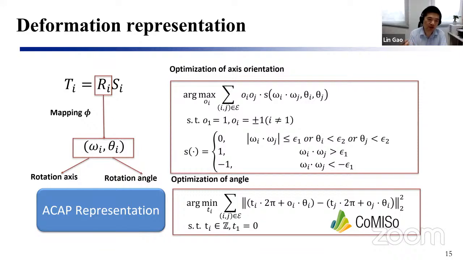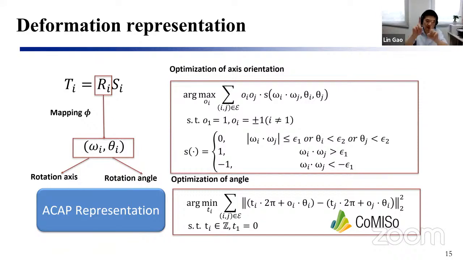We need the sum over all the edges of the difference between the rotation axes and the difference between the rotation angles to be as small as possible. In another way, we could say that the rotation should be as consistent as possible.